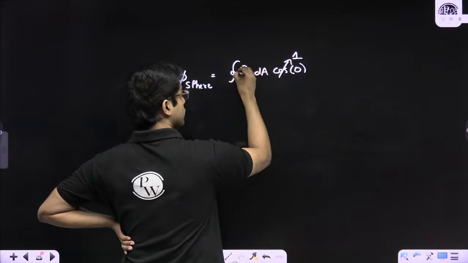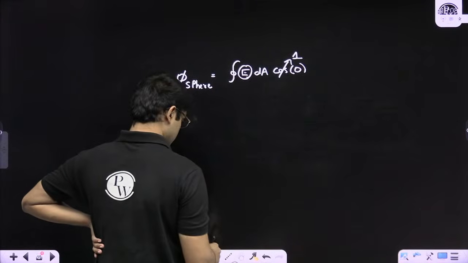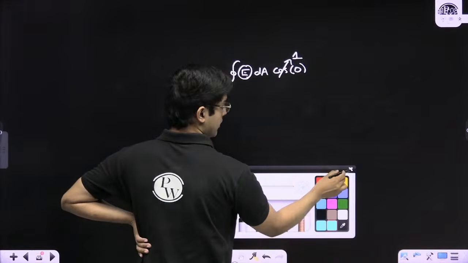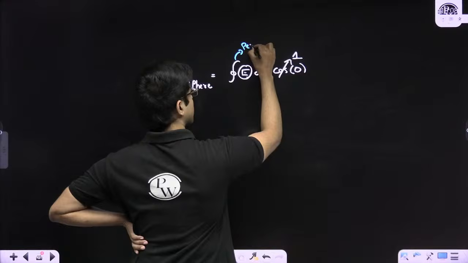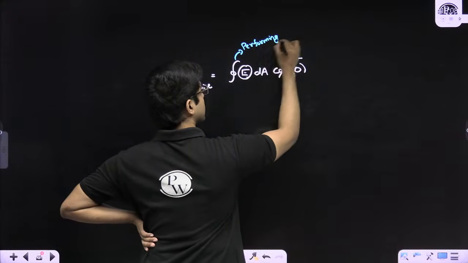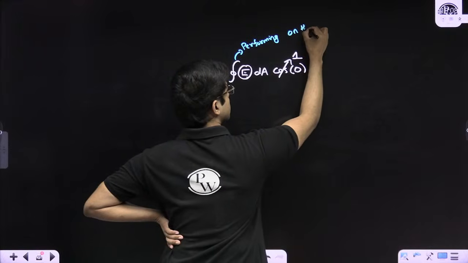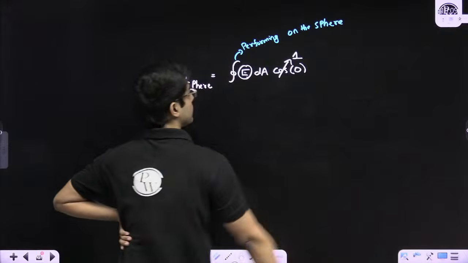We also notice that the electric field is constant everywhere on the sphere, and we are performing this integration on the sphere.